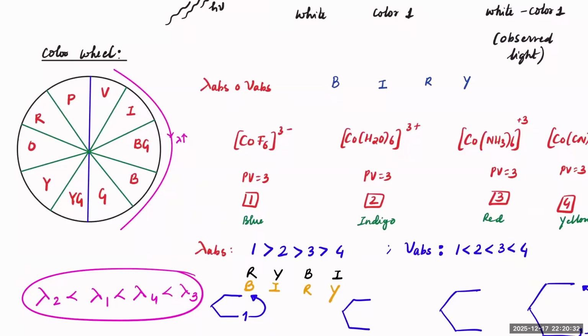So this is the color wheel which suggests what the observed light is here. You got to remember the color wheel as well. So VI, BG, B, G, YG, YOR, and this is red purple. Simply you can write it as RP, red purple.